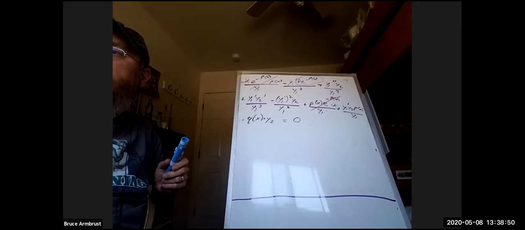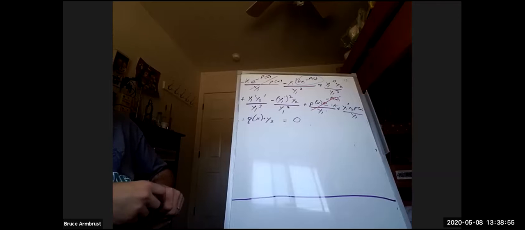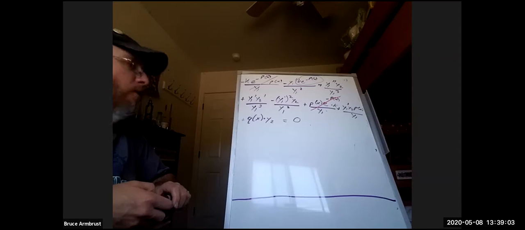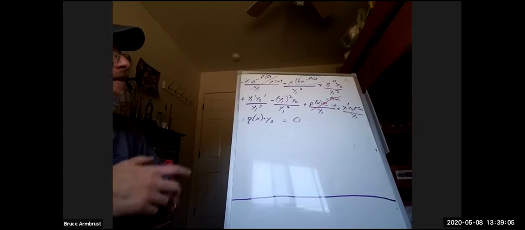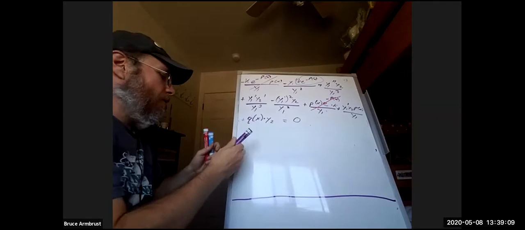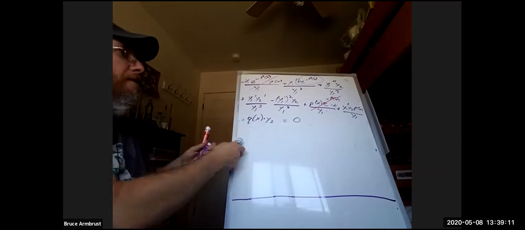And the way I'm going to do that is actually go back to the very, very beginning. We know that the ke to the minus px equals y1 y2 prime minus y1 prime y2. So that thing that I circled. So I'm going to do this in the same color blue down here.